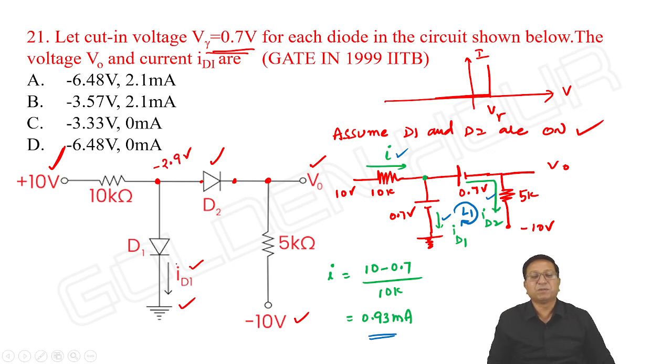Then how is it possible for D1 to conduct? Okay, I hope you understand it. It is minus 3.6 volts approximately, for which if I add plus 0.7, it becomes minus 2.9.